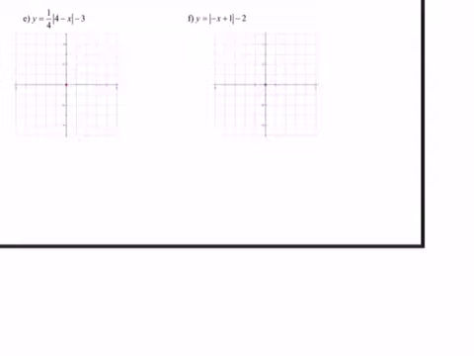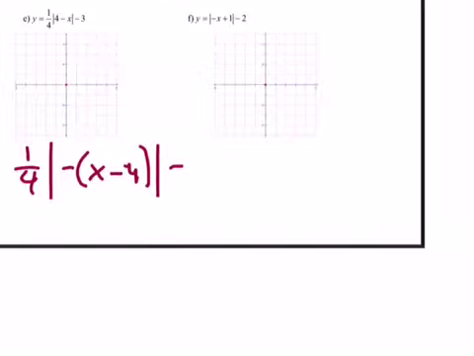Okay, last but not least, these last two look slightly different. Okay, so I've got 1/4 absolute value of 4 minus x. So in this case, thinking about what the x value is for my h, you can think of it as 1/4 absolute value of negative x, just swapping the order.